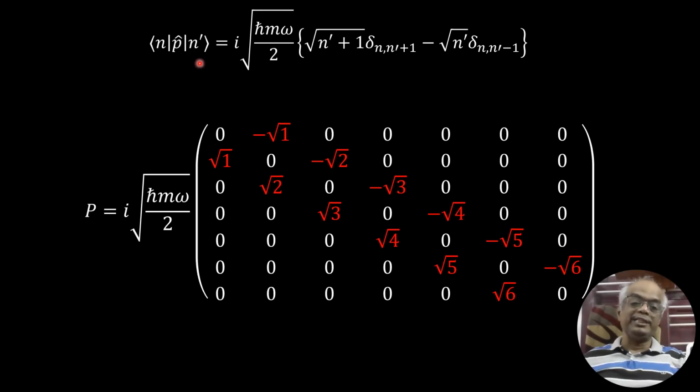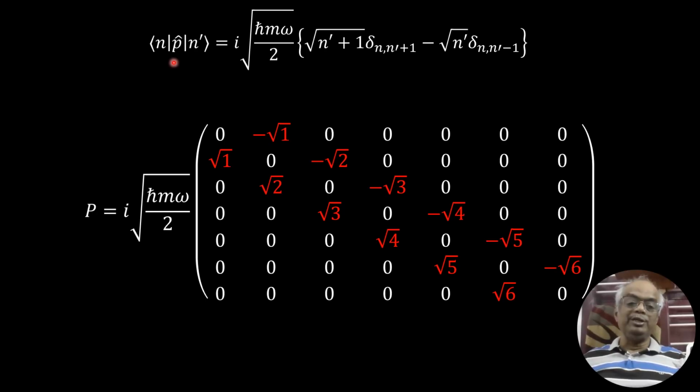Similarly, the expectation value of P, by definition we have defined like this: i square root of H cross m omega over 2, and square root of n prime plus 1 delta n prime plus 1 minus square root of n prime delta n prime minus 1. It is exactly the same as the matrix for X except for this multiplicative factor, and here you have a negative sign.